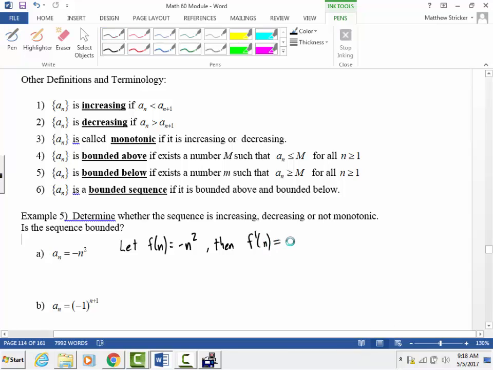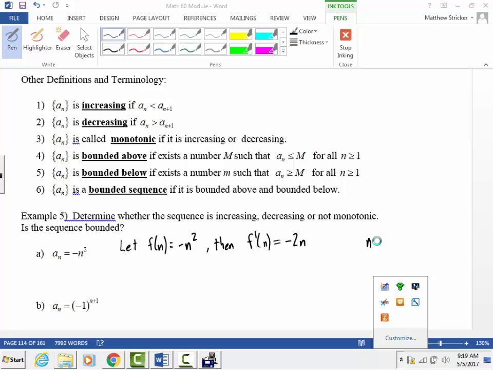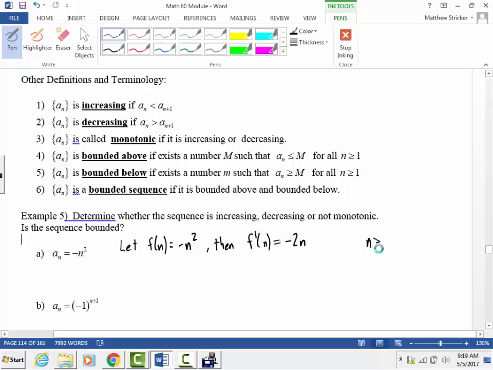Negative 2n. All right, simple derivative. Now we're considering n's that are greater than or equal to 1, that's most of the time we start sequences at 1 and then we go on, right? If n is greater than or equal to 1, what can we say about f prime?